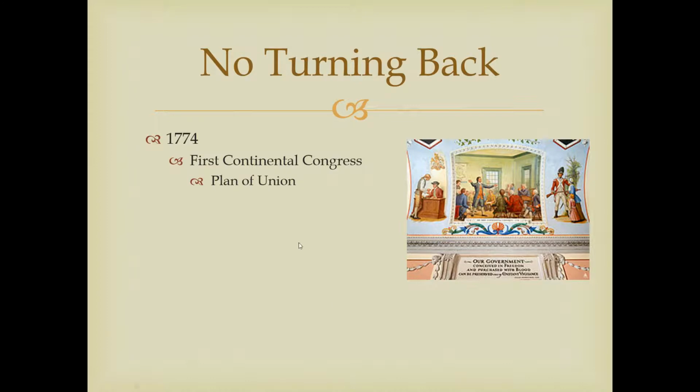There is a counteroffer that is brought up by some of the Parliament members that are sympathetic to the colonial cause. Because this is one thing that you should note, not everyone in Parliament hated the colonists or didn't want them to have some sort of freedom, wanted to crush them under their boots.